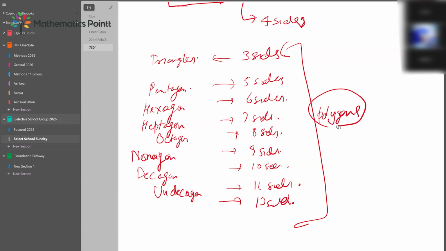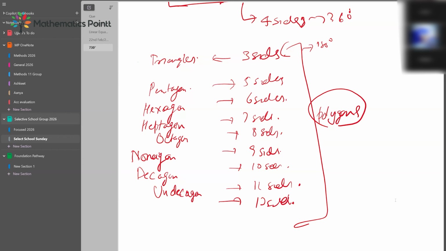So a triangle is 180 degrees if you measure their interior angles, right? And then a quadrilateral has 360 degrees, and they keep moving, right?